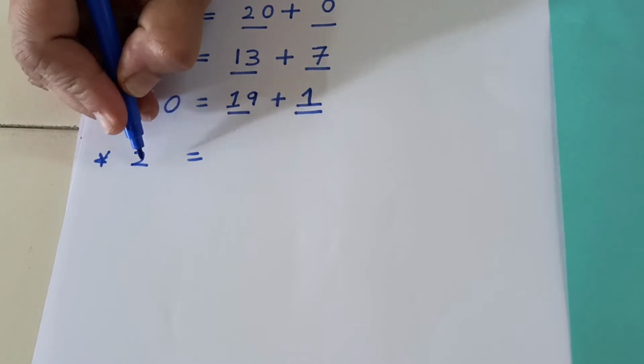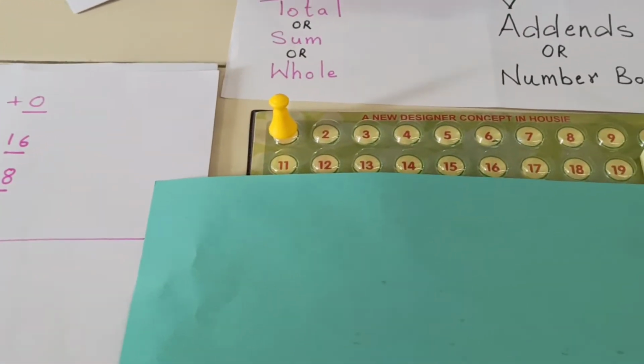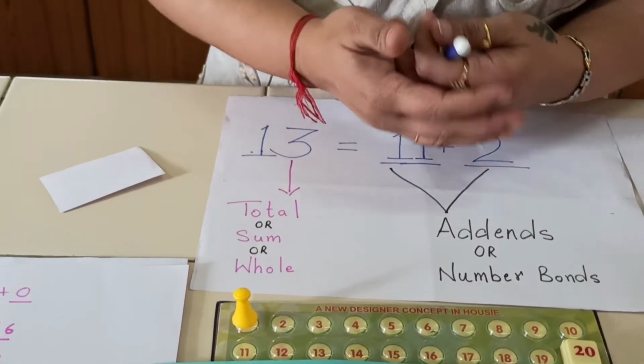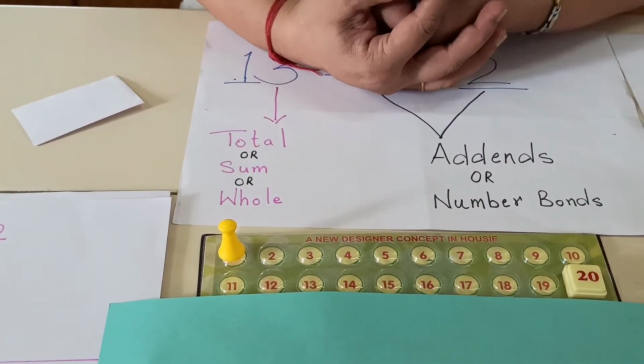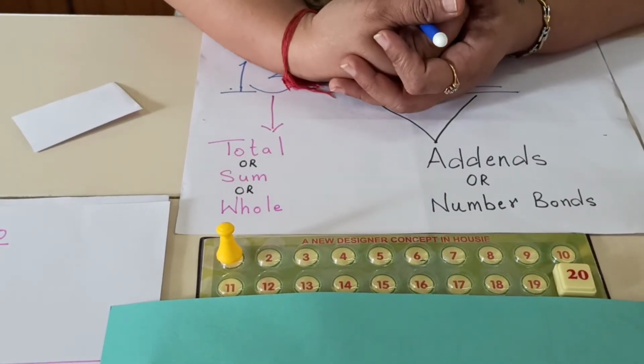Okay, one more combination. But before we start with this combination, I want to ask you something. Can I make 20 sets of combinations from this? Yes, you can. So that means if some other child tells me 6 plus 14 is 20, then is he correct? No, 6 plus 20 is wrong.